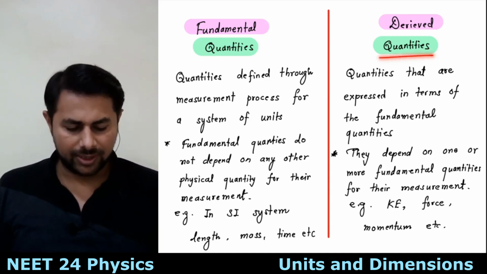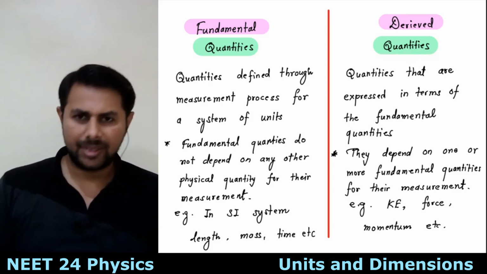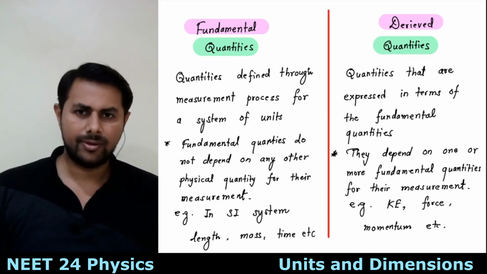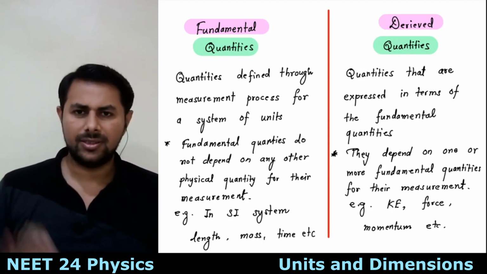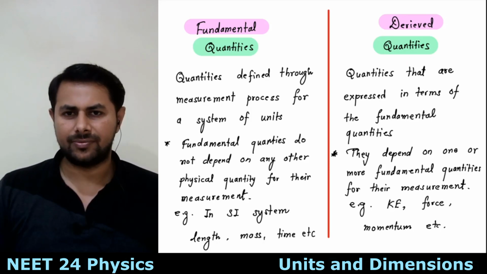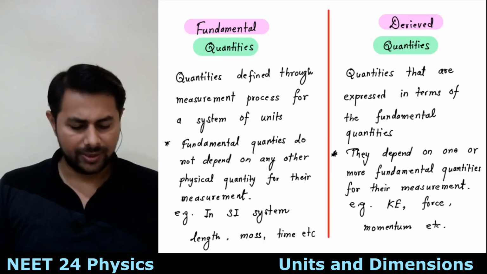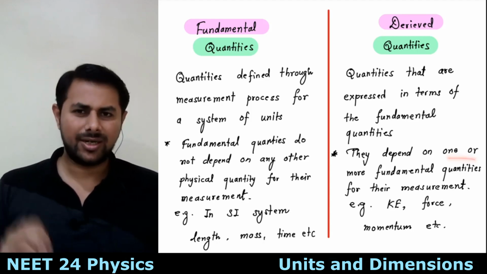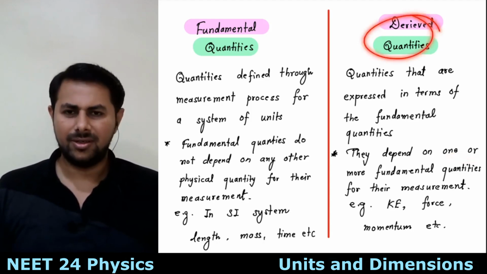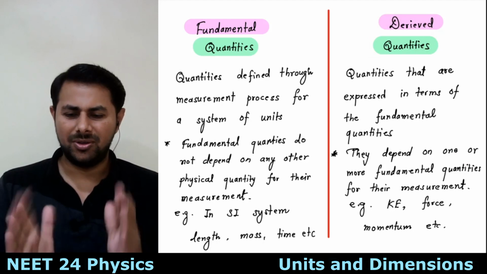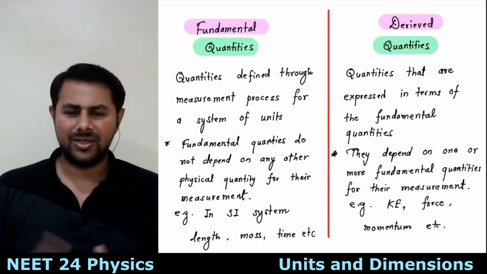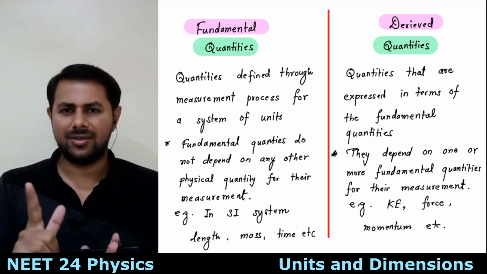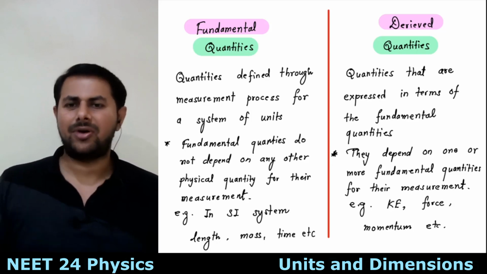So derived quantities depend upon two or more fundamental quantities for their measurement. Actually it's one or more, because there are a few derived quantities. For example, area. If you want to measure area, you need length and breadth, so you can say some power of length.